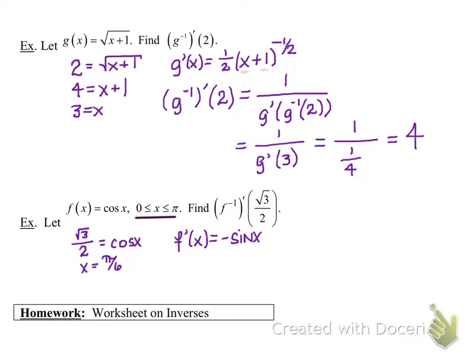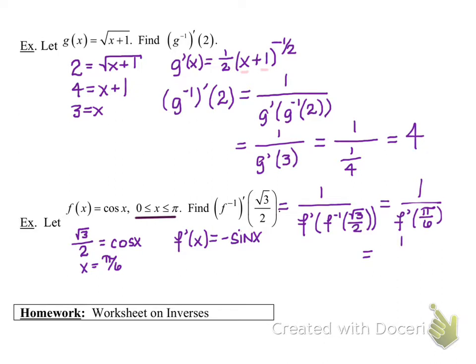And the derivative of the inverse of the function in general, for this specific point, would be 1 over the derivative at that specific point of the inverse, and the inverse at that specific point was pi over 6, and the derivative was negative sine, and our x value is pi over 6.